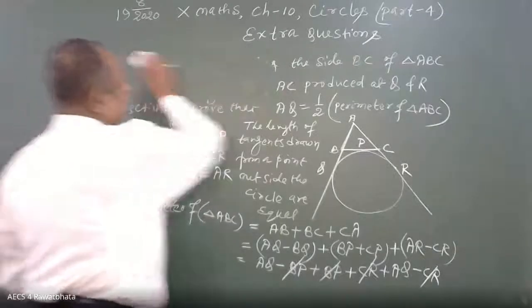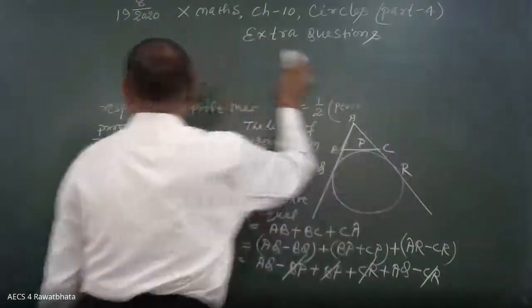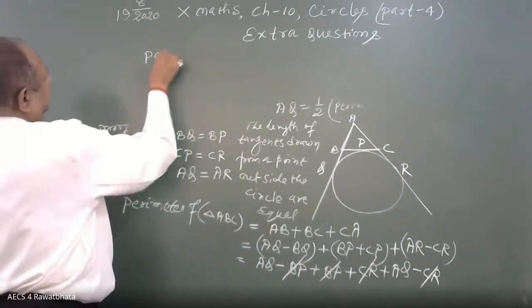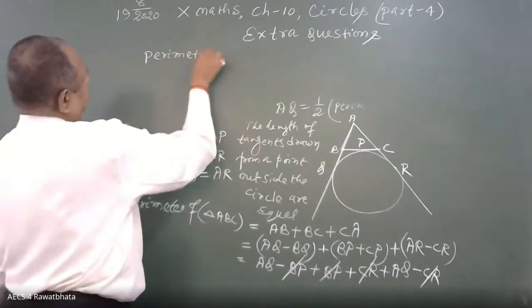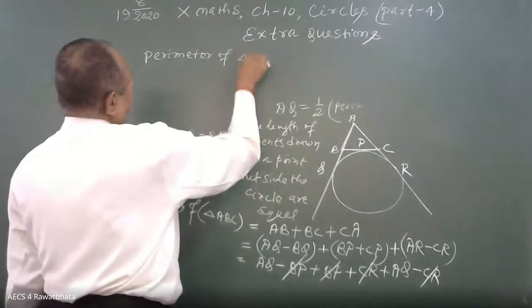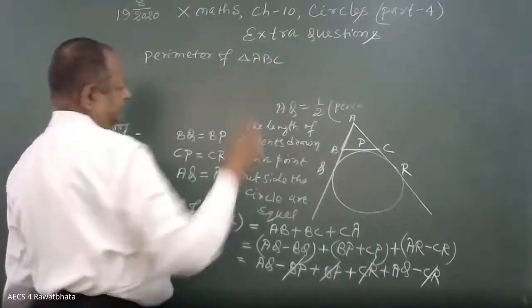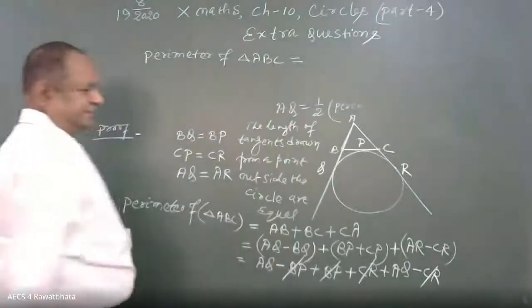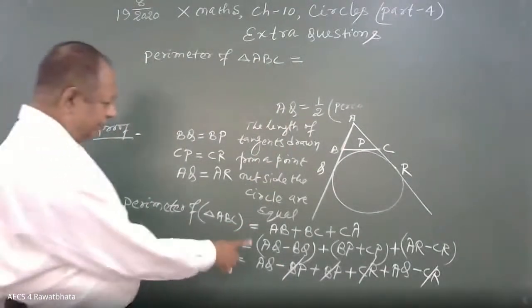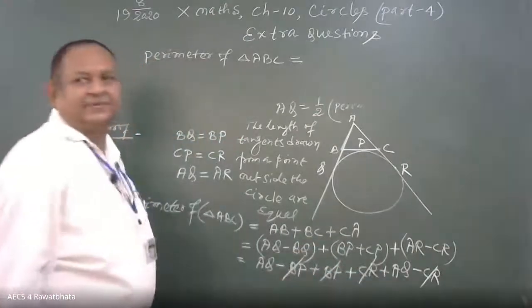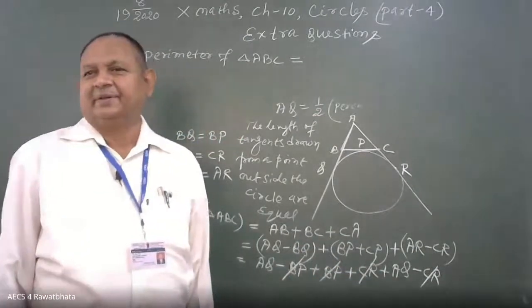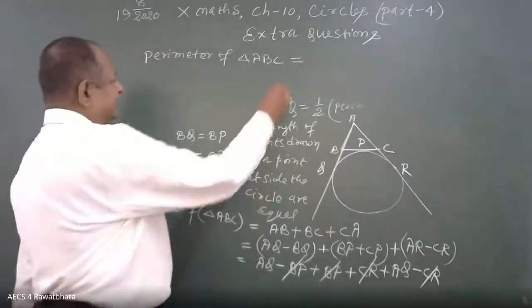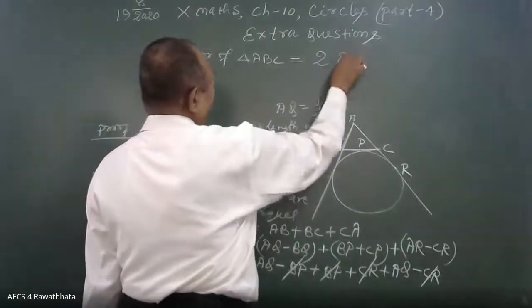Now the perimeter of triangle ABC is equal to AQ plus AQ. What will be the addition? When we add AQ two times, the addition will be 2AQ.